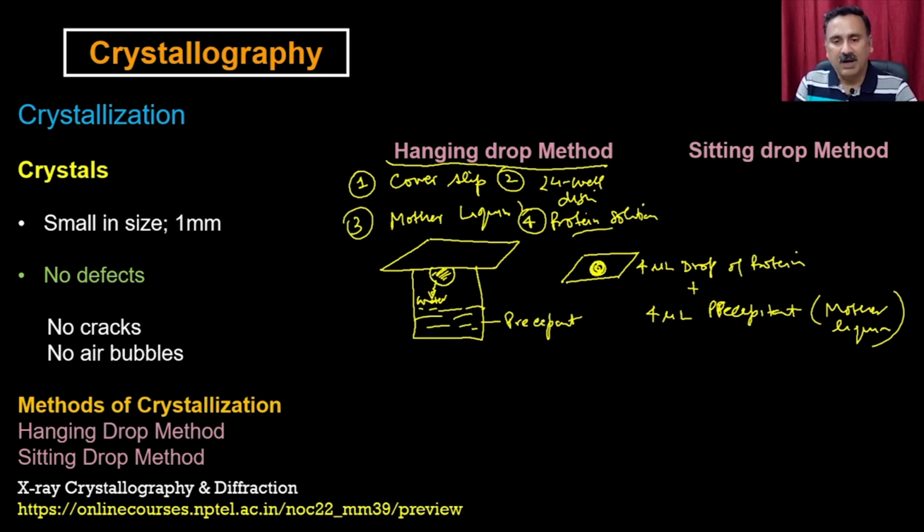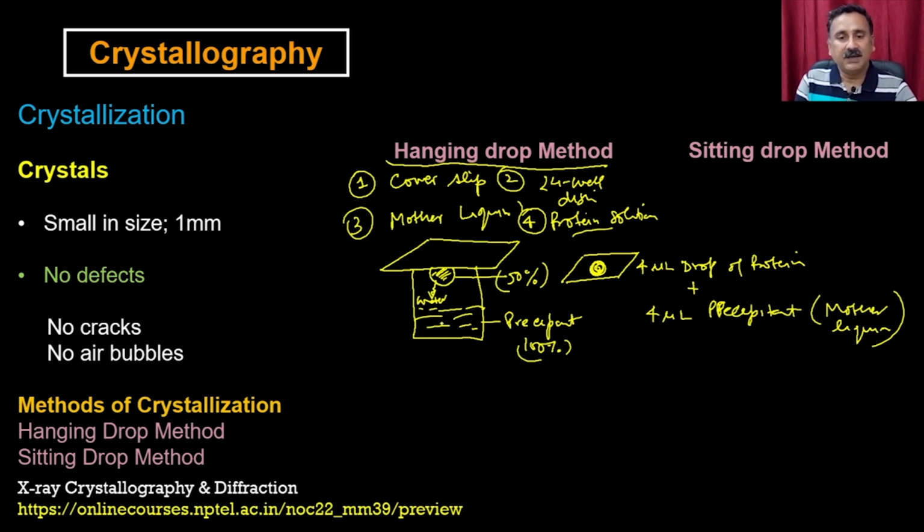Because the amount of precipitant is going to be higher in this. So it is going to be 100% here, whereas it is going to be 50% in the drop. Because of this change in the concentration of the precipitant, the water is going to come out from the drop and fall into the precipitant.